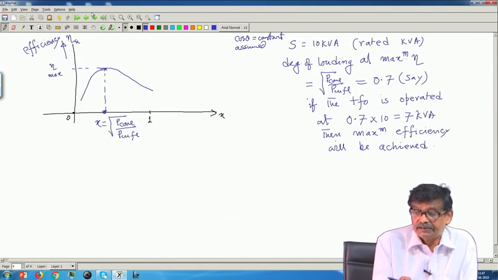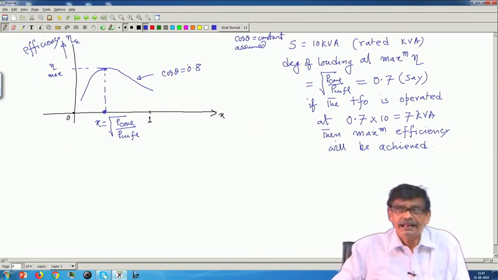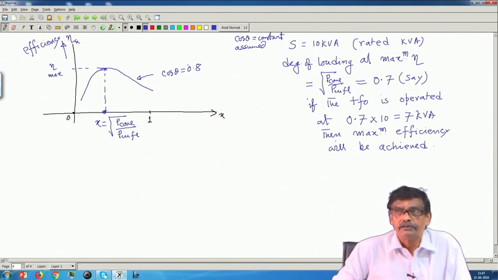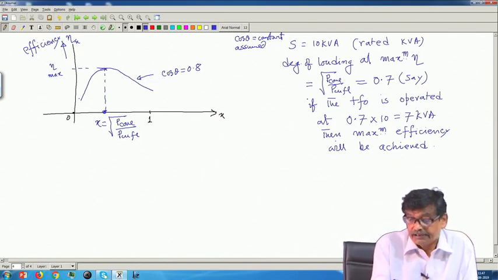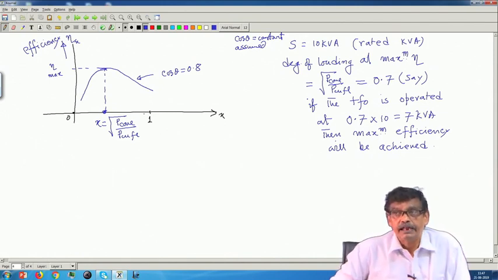Therefore, I should attach to this curve a tag saying that this is for example, say cos theta is equal to 0.8. Leading or lagging does not matter, no point in qualifying it further, because output power is x into S into cos theta. So, I must attach another parameter to this curve, that this curve has been achieved when you kept cos theta equal to 0.8.